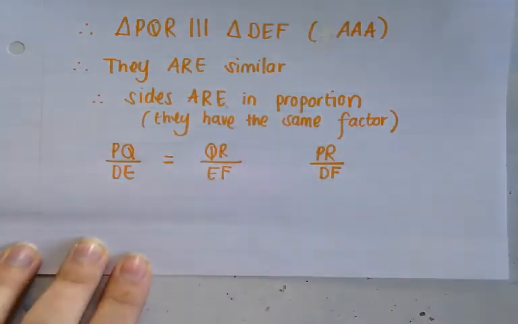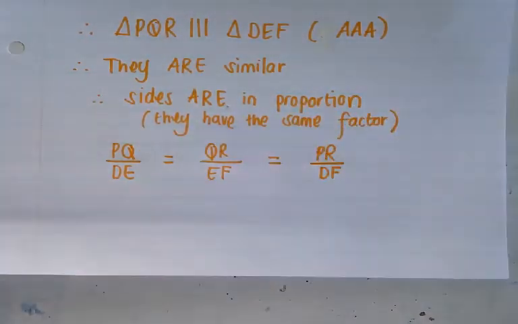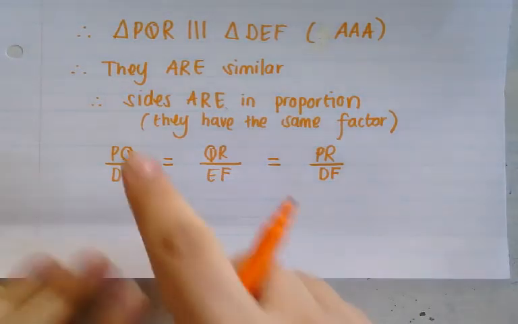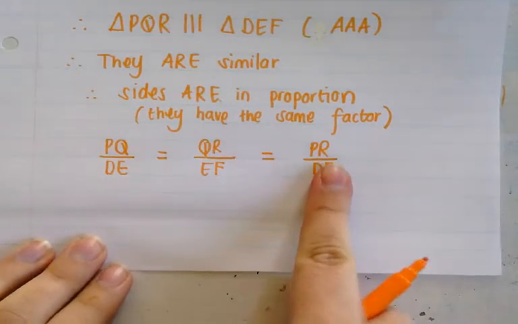I divide them, I get the factor, and it would be the same factor. Because all the sides are doubled, tripled, quadrupled. Currently, we don't know what those numbers are, but whatever those numbers would be, we would divide them. And that answer would be equal to that answer would be equal to that answer.